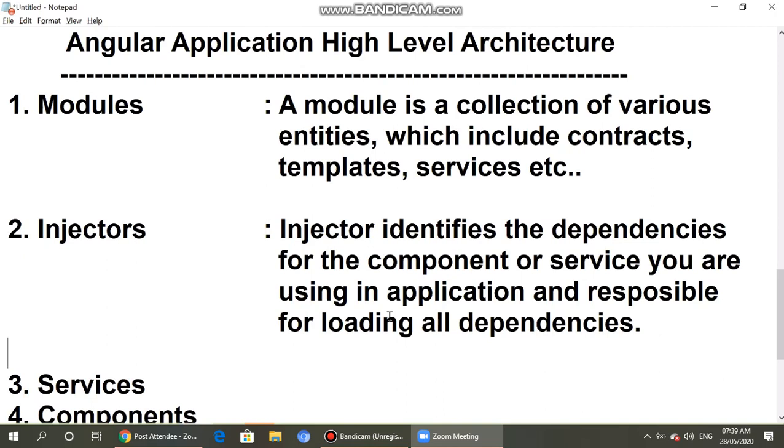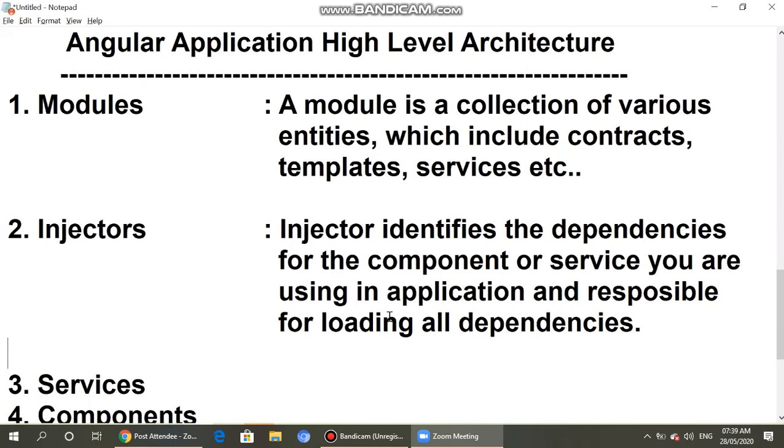Dependency injection is a mechanism which tracks the dependencies of an object, loads the dependencies, and encapsulates the object with its dependencies. It allows maintainable, testable components to be configured in the application. Later, you will hear about a concept called dependency injection and learn about that.